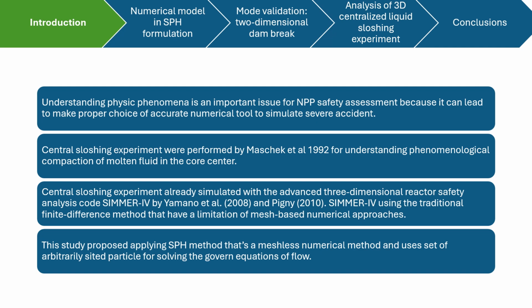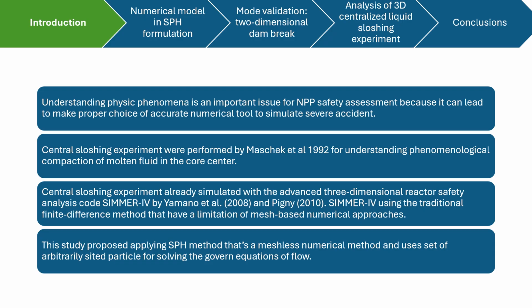Understanding this physical phenomenon is an important issue for NPP safety assessment because it can lead to a proper choice of an accurate numerical tool to simulate severe accidents. Central sloshing experiments were performed by Maschek et al. in 1992 for understanding the phenomenological compaction of molten fuel in the core center.